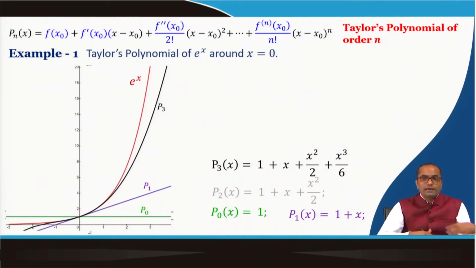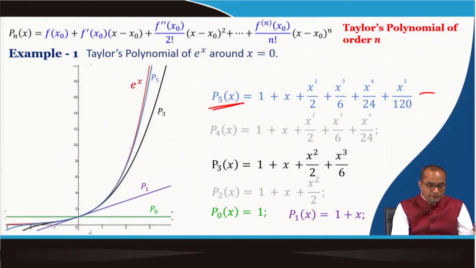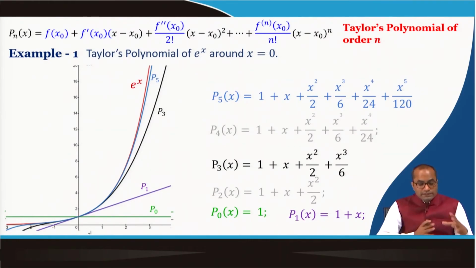So we go to higher and higher order, and we see that it is getting closer and closer to the given function. For instance, if we go up to the order 5 polynomial, then we see that it is getting closer in a large neighborhood of this 0 point. So that is the whole idea.